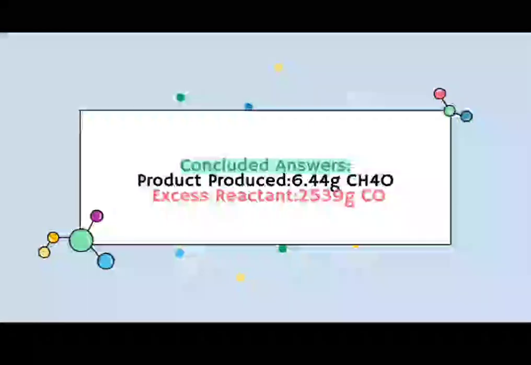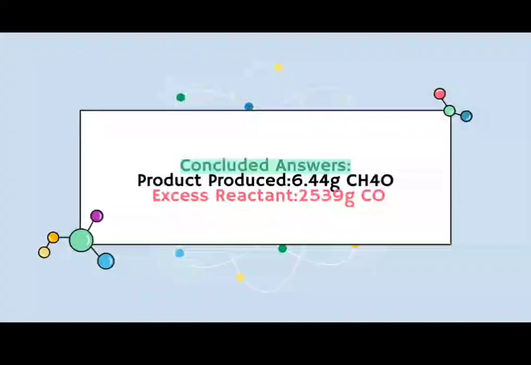So our concluded answers: the product produced is 6.44 grams of methanol, and our excess reactant is indeed carbon monoxide, which is 2,539 grams. But our limiting reactant is indeed hydrogen gas, because we used it all.